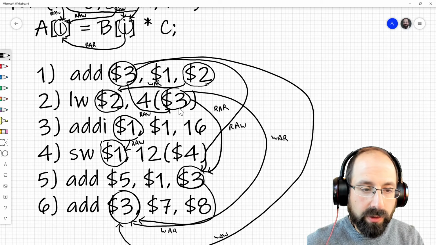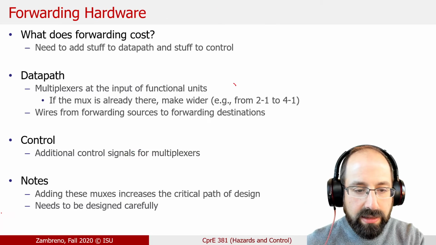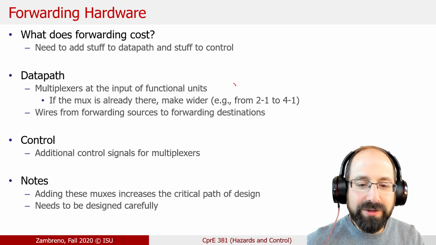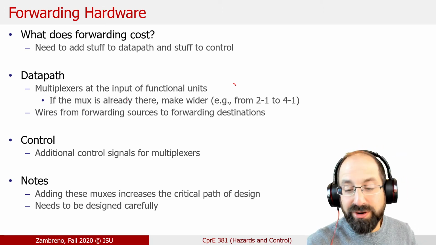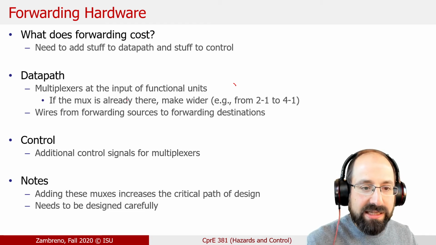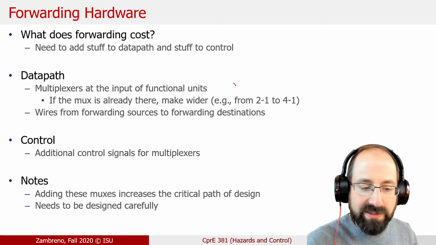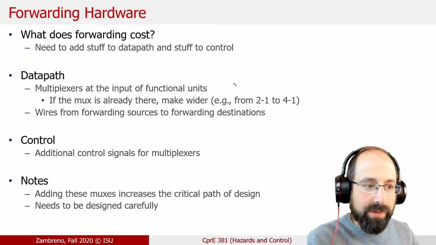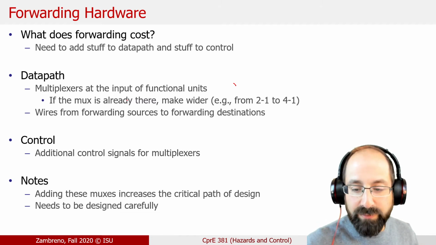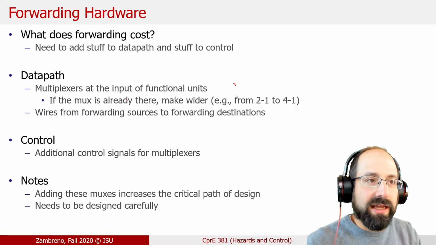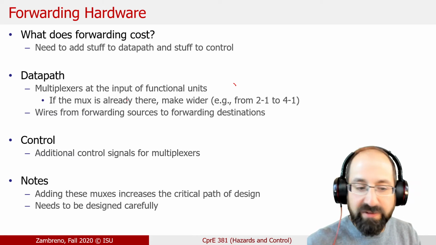So the forwarding hardware, in terms of what it's going to cost, is going to require stuff, but that stuff is going to be comparators and muxes by and large. We're comparing state values inside our processor and driving muxes based on those results. We already have a feel for what those muxes may look like, but those comparators are just going to be 5-bit comparators, because we're looking at our register encoding fields, which are 5 bits for MIPS.